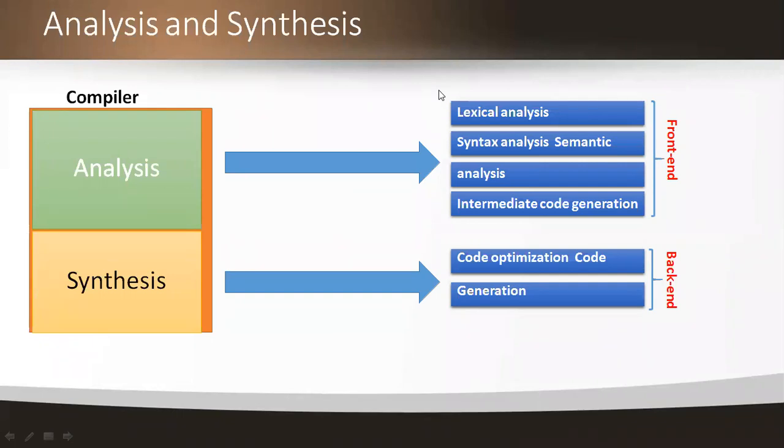After scanning, the source program is read and broken into some stream of strings. You all know what the word string is. Such strings are called tokens. Tokens are nothing but a collection of characters having some meaning, or we can also define it as a sequence of characters having a collective meaning, which we call a token.